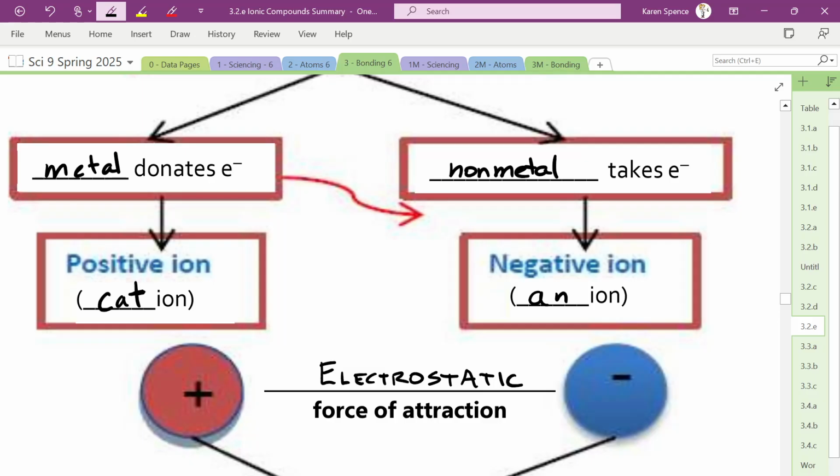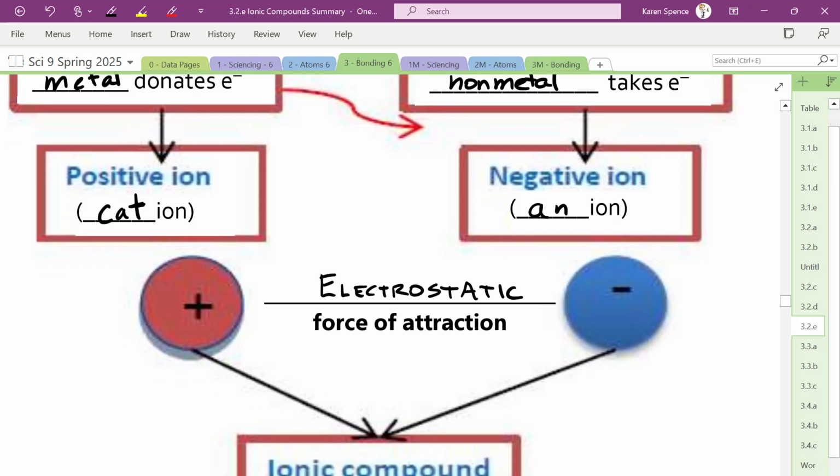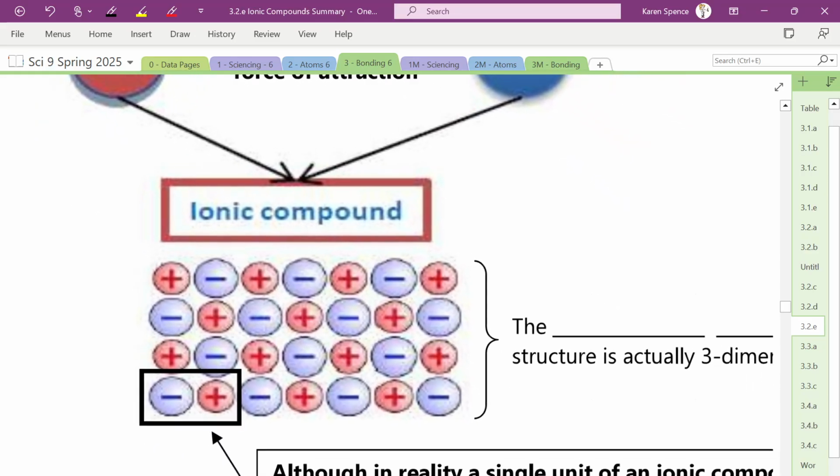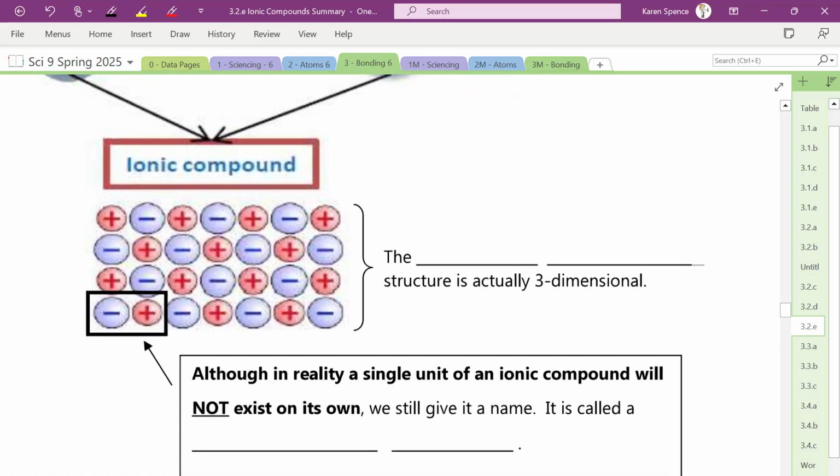Electromagnetic is a different force and it does involve magnets as well. And once you have that electrostatic force of attraction, we get the ionic compound, we get this structure, which is called a crystal lattice. Although in reality, you will never get a single unit of an ionic compound. You'll always have a crystal lattice, but we still give this single unit a name. Tell your partner, what is that name? Formula unit, yes.